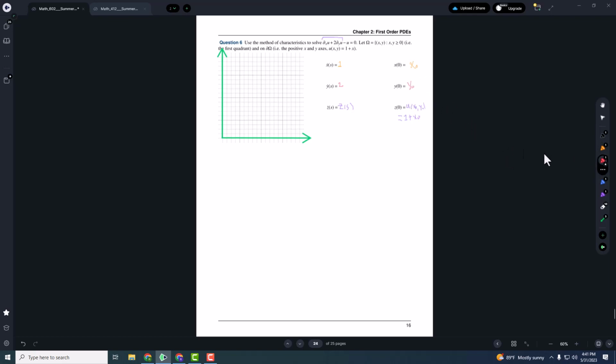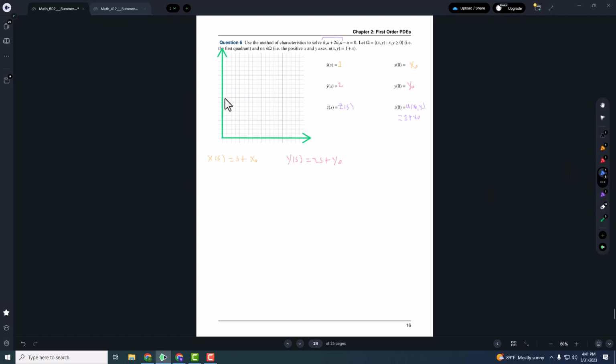Okay, and again, this is a very simple system of equations to solve. It tells me x of s is equal to s plus x naught, and y of s is equal to 2s plus y naught. But notice, the slope is always going to be 2.